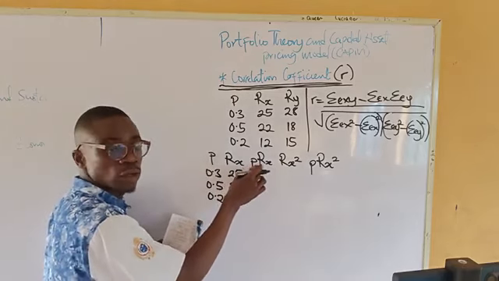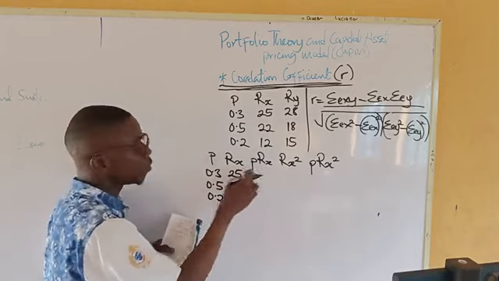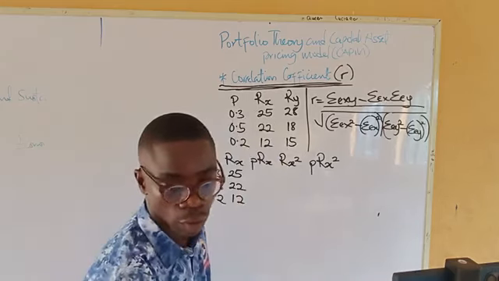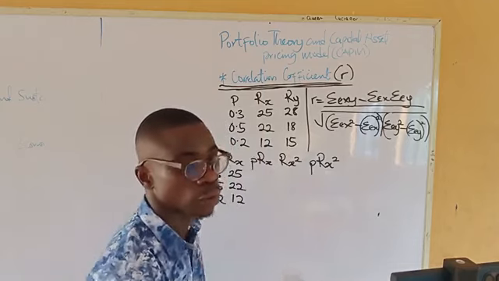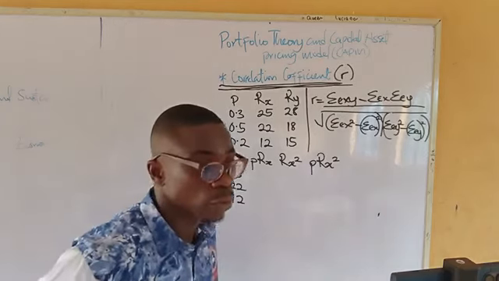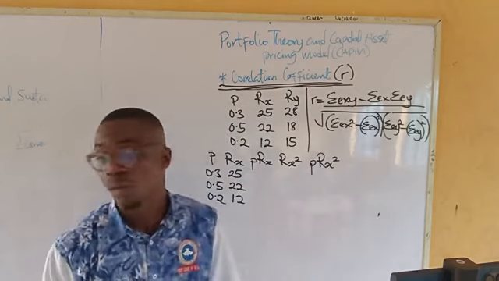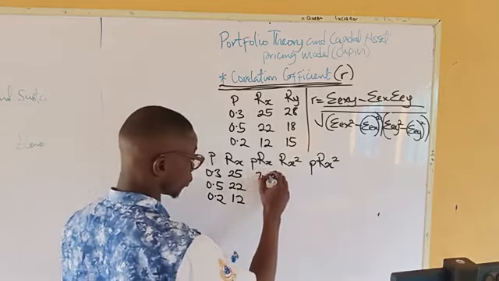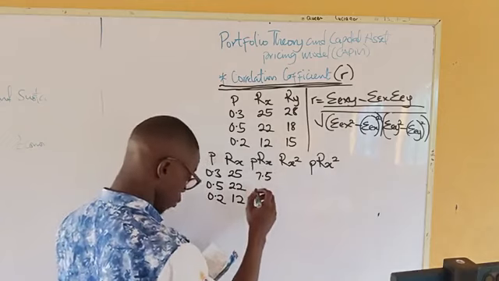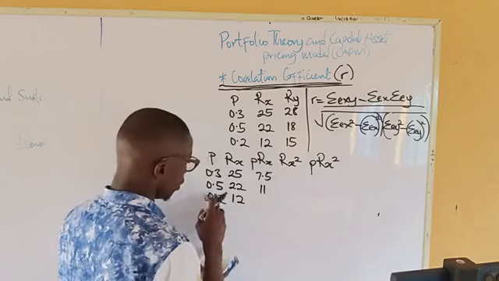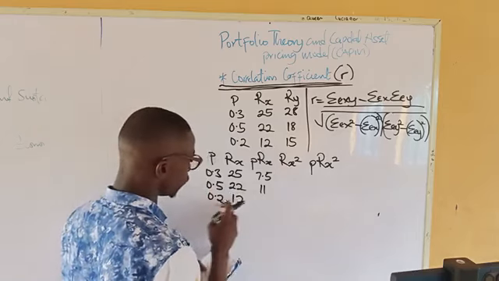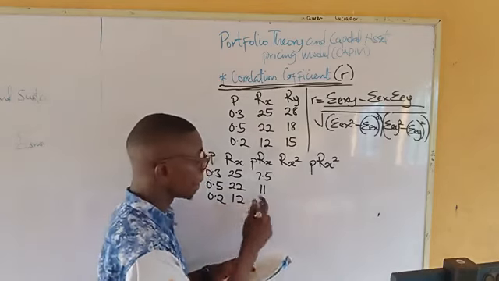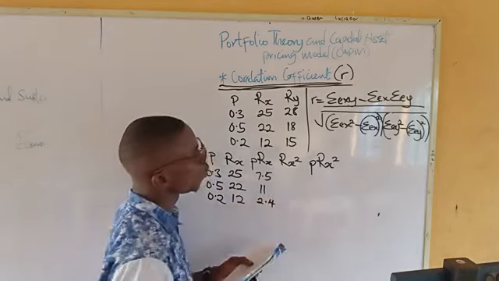So P times RX, that means return of X. 0.3 times 25, let's be fast, is 7.5. 0.5 times 22 is 11. 0.2 times 12 is 2.4.